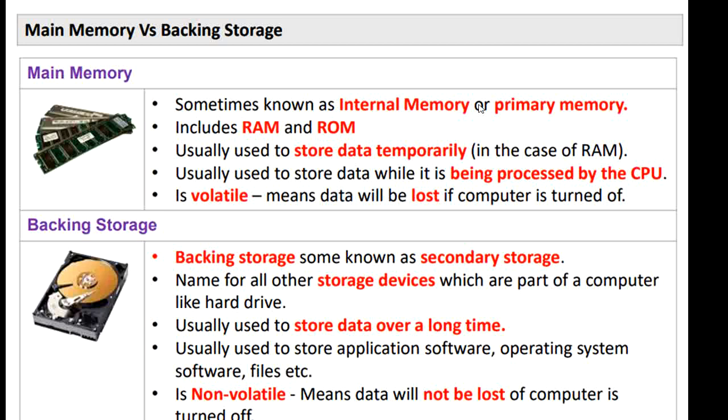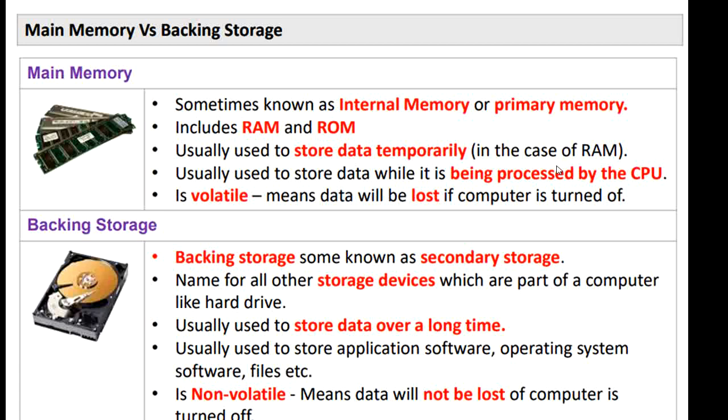So hard disk, flash memory, and CD are secondary storage devices, and RAM and ROM are the main storage devices, the first storage devices that you will be using while working on your computer. The difference between RAM and ROM: RAM is a temporary storage device.